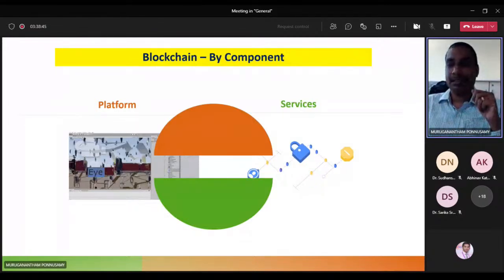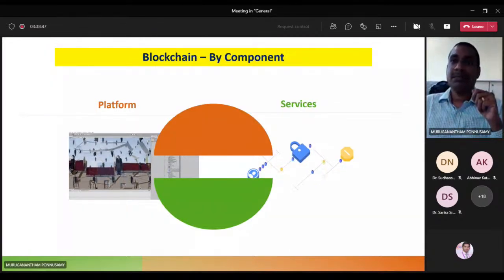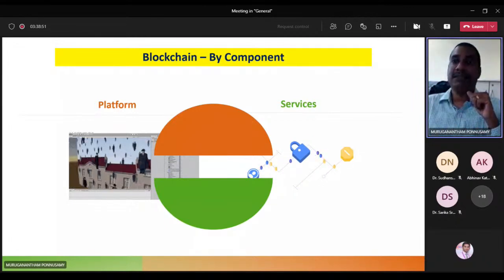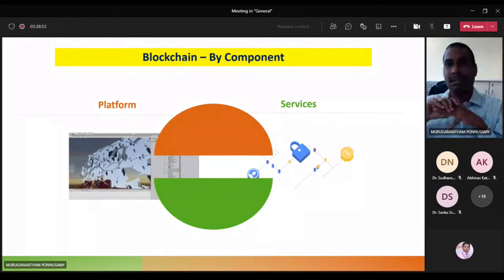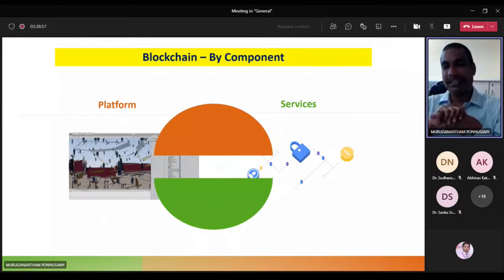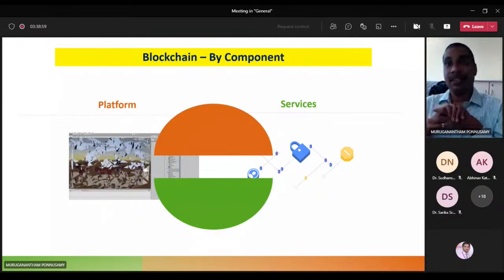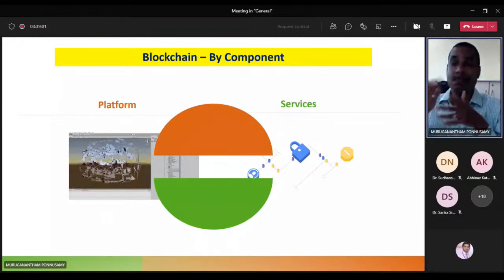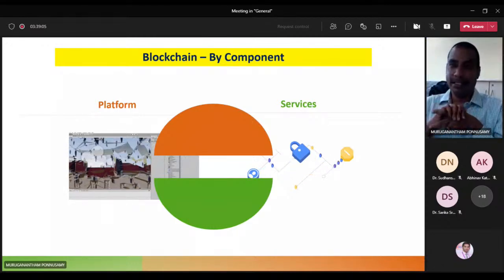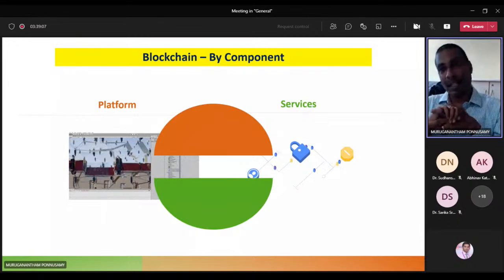On the other side, we have the service, which is called, you might have heard of software as a service, SaaS. Similarly, in blockchain it is called BaaS, blockchain as a service.